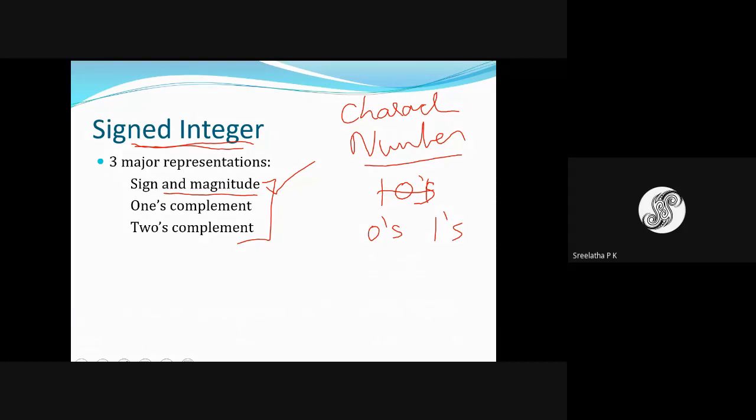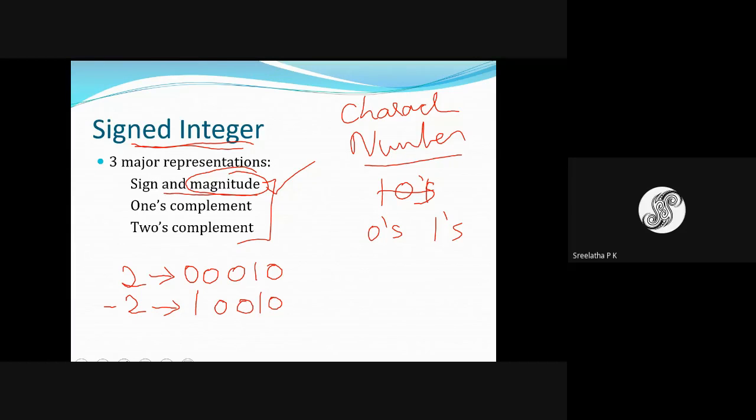In the sign and magnitude system, the magnitude part is how the value is represented. Now 2 I am representing like this: 0010 is 2. In the sign and magnitude system, if I want to represent -2, I store this magnitude value, and the most significant bit is stored as 1.